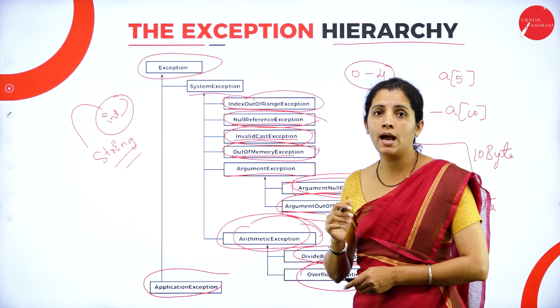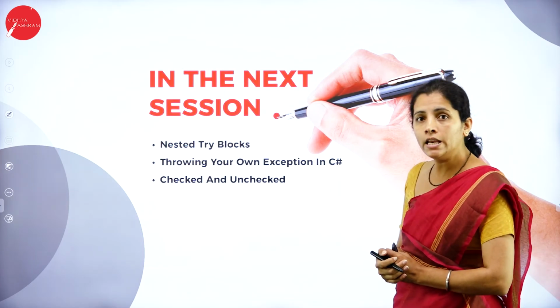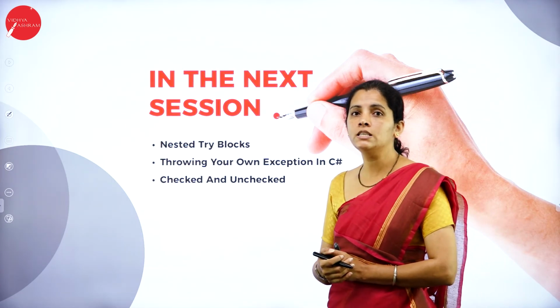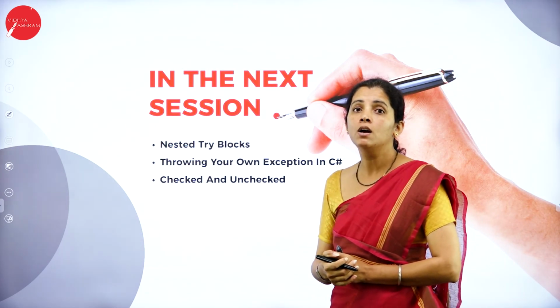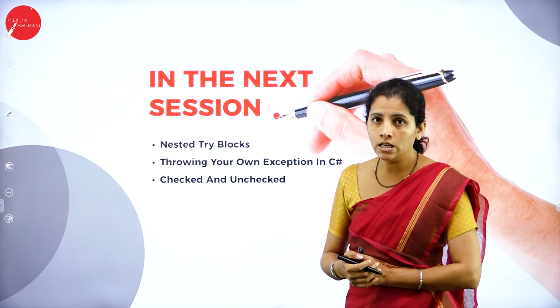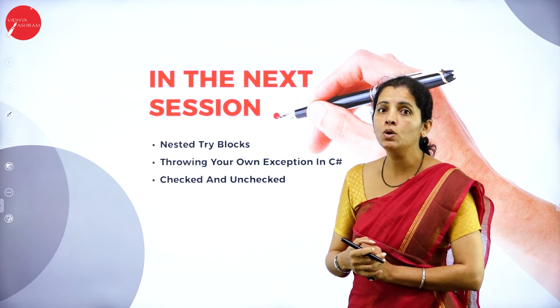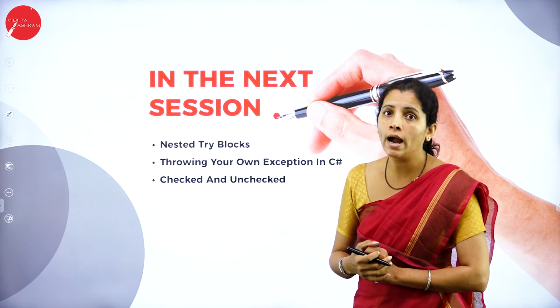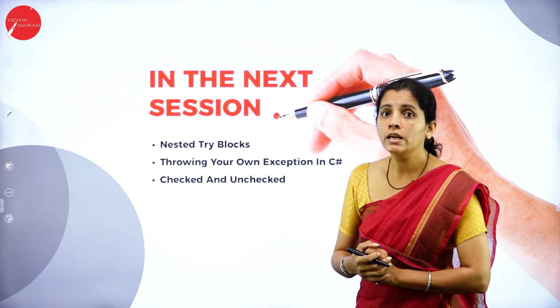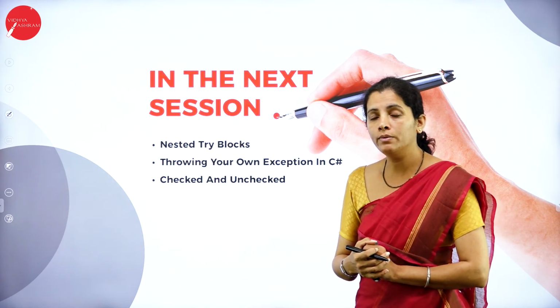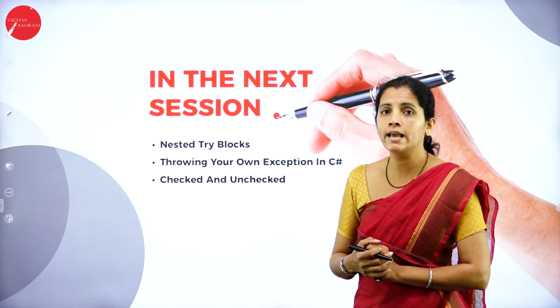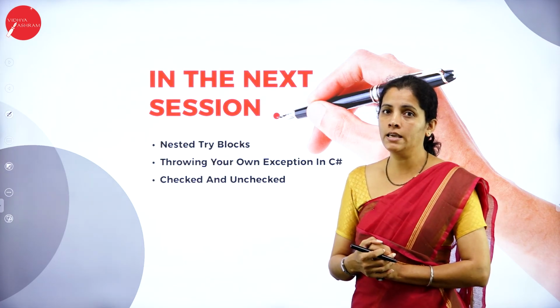Anyway, dear student, in today's session, I started with what is finally. Along with that, I have discussed how to write and how to handle multiple catch blocks. Along with that, I have discussed the exception class hierarchy.